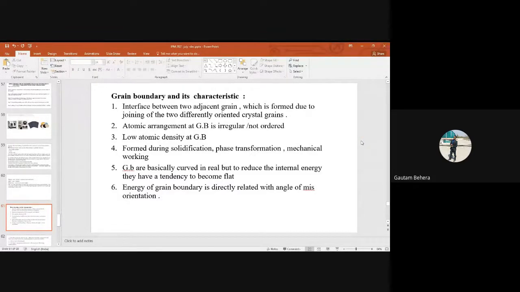Suppose I give you an unknown sample of steel. Suppose I give you two different pieces of steel, but having the same chemical composition. How can you figure out which sample will be harder and stronger, and which sample will be the ductile one?